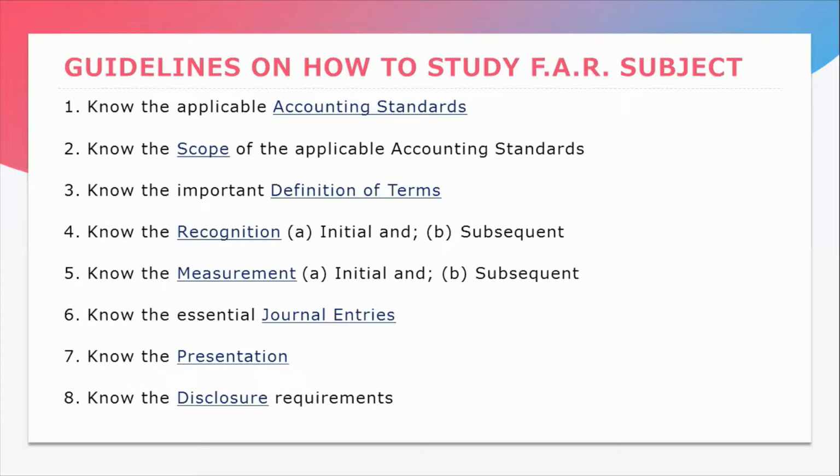Number 4 is alamin kung paano natin i-recognize, kailan i-record, kailan a-appear sa financial statements. So, dalawa yan, initial and subsequent. Number 5 is how to measure. Ano ang measurement? So, ganun din. Meron siyang initial and subsequent measurement.